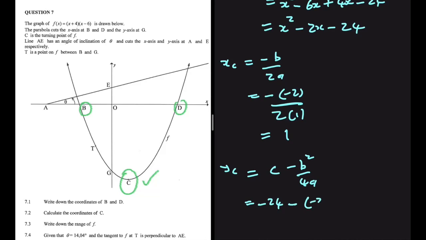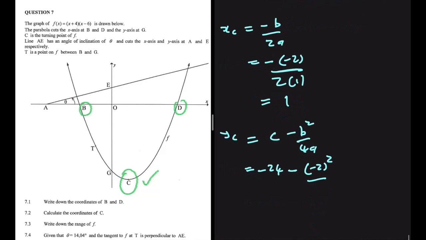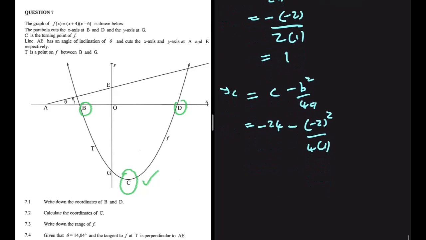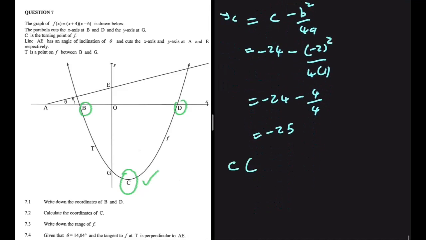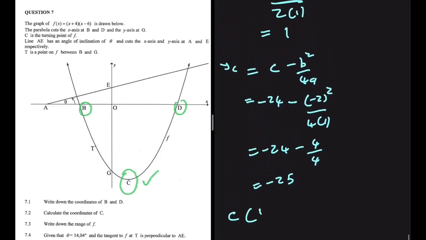B is minus 2. We square that and we divide by 4a. A is 1. So we have minus 24 minus (minus 2) squared, that is just 4. You divide that by 4, we just get 1. So minus 24 minus 1, that is minus 25. So the coordinates of C, we have 1 as the x value and minus 25 as the y value.